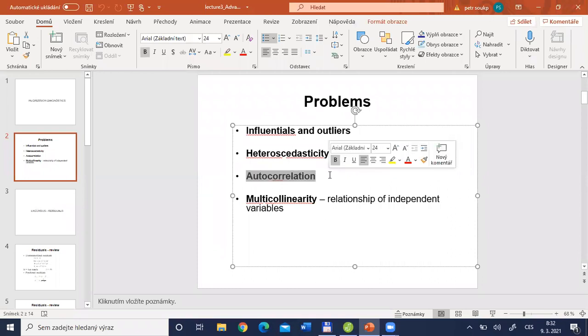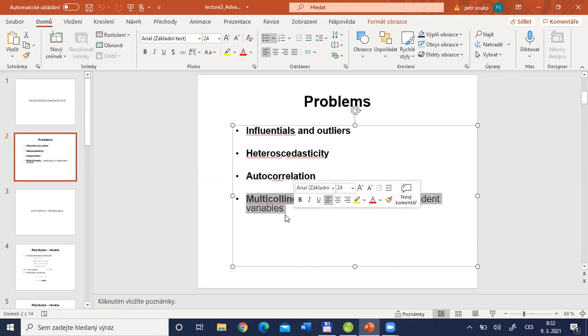If my data are a time series, it means I repeatedly observe the same observation in time, and the values from previous points are somehow related to observations in current time, there is something called autocorrelation. So it is a relationship between individual time points, and this problem must also be solved if it is present in a linear regression model.